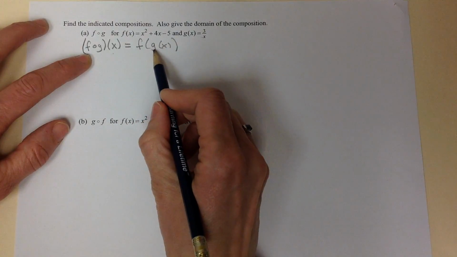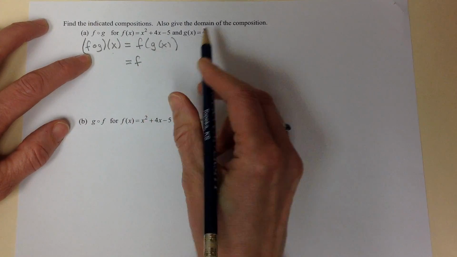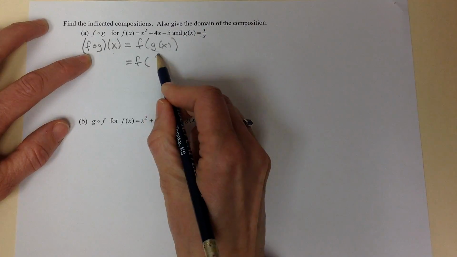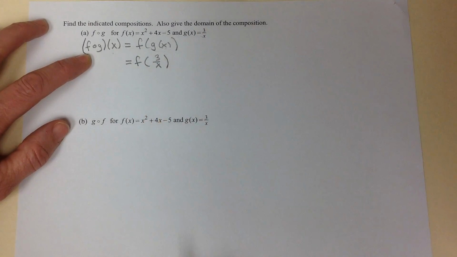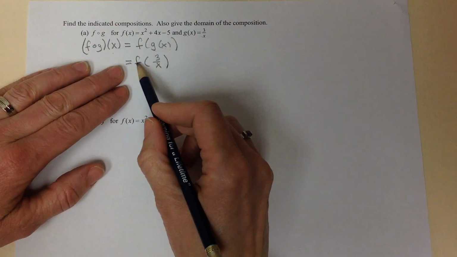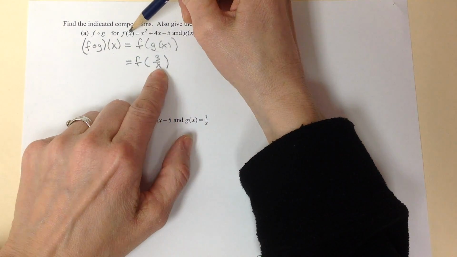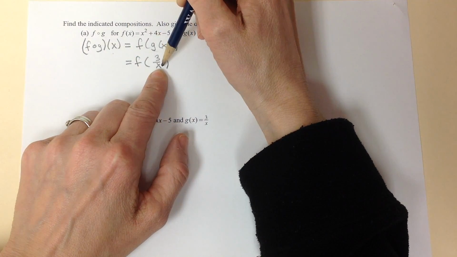And now start on the inside. So we just want to put in what is g of x, and g of x is 3 over x. Now to simplify what's left, into the function f, instead of a regular x, we need to put in 3 over x.